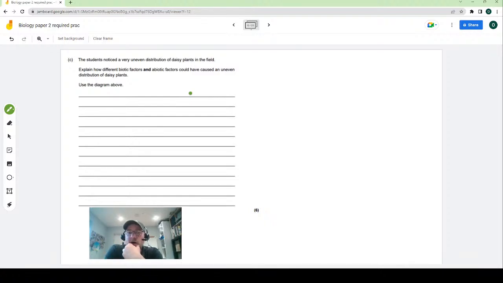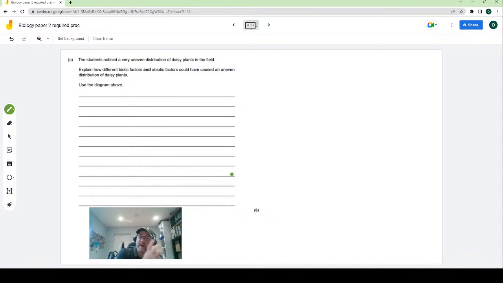Biotic factors are living things. So factors caused by living things that can affect a population. Yeah, so that are trees covering the sun. So the trees are biotic. But yes, that would mean you get less sunlight, which is abiotic. So that's how you can connect the two.